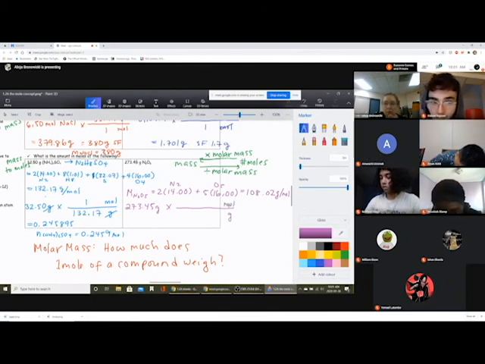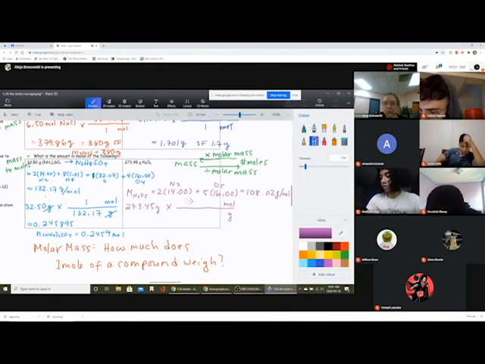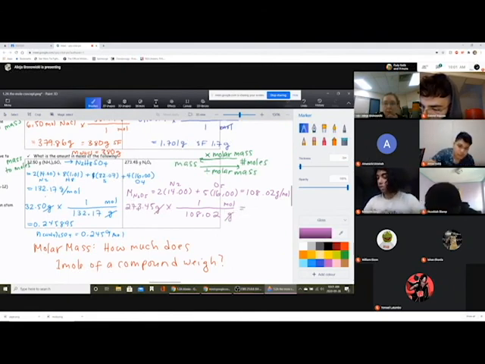My moles goes on top. So 1 mole is 108.02 grams. Okay, so I'm dividing my mass by my molar mass to get my number of moles.